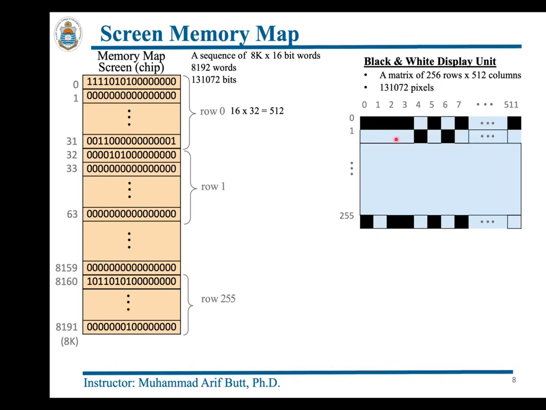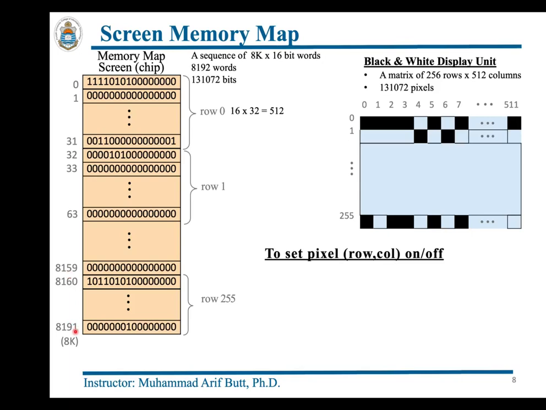Similarly, row 1 of this screen is mapped to memory map addresses 32 to 63 and so on. Finally, the last row 255 of this screen is mapped to memory map addresses 8159 to 8191.